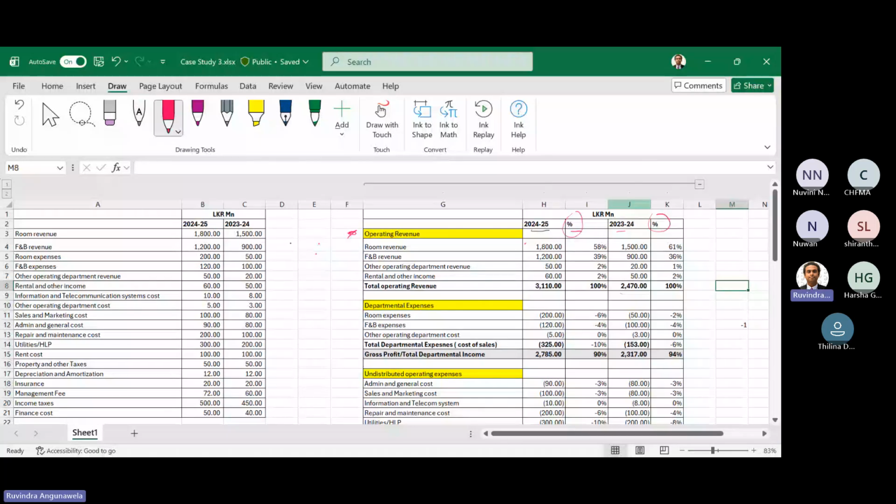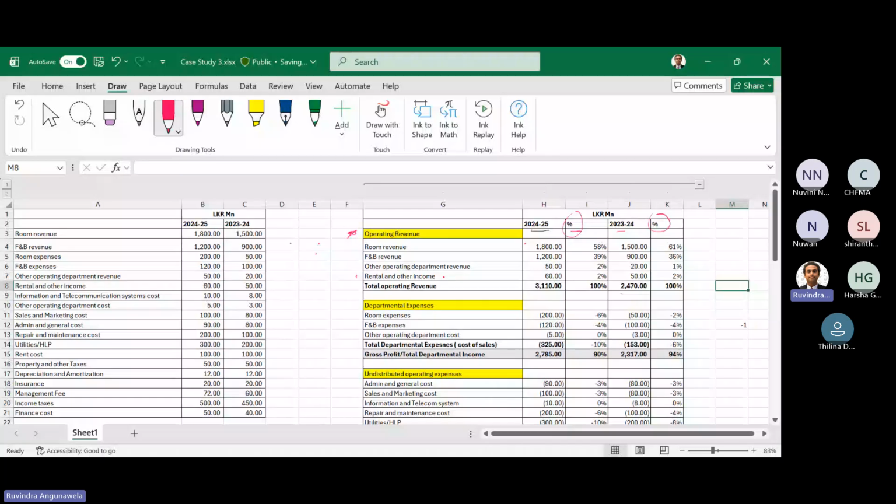Earlier we saw another word for this, which is the miscellaneous income or other operating department. It gives the same thing, right? Rental and other income also can be categorized under operating revenue. Okay, so I hope you got the structure right. Room revenue, F&B revenue, other operating departmental revenue, also known as minor operating departments, and rental and other income also categorized under other operating revenue.